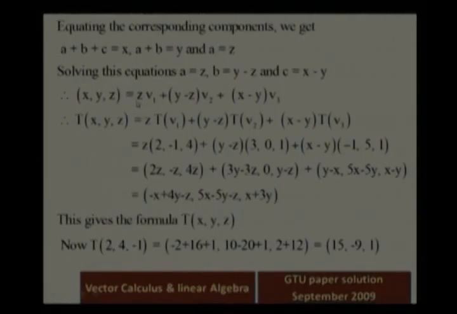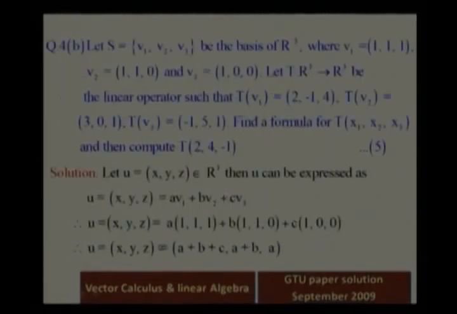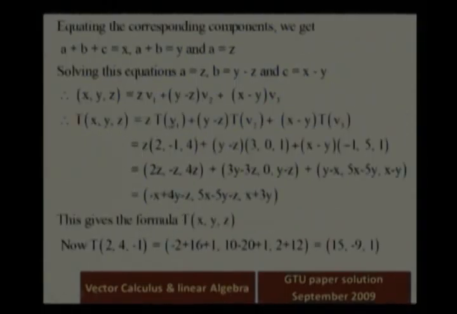So put the values of A, B and C in this equation: (x, y, z) is equal to A V1 plus B V2 plus C V3. So (x, y, z) is equal to z V1, because A is equal to z, plus B V2. But what is B? B is y minus z, so y minus z into V2 plus C V3. What is C? C is x minus y, so x minus y into V3.